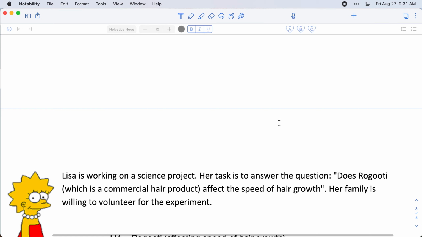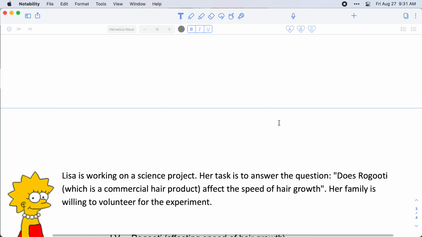So the independent variable is already told to you right here. Her task is to answer the question, does this commercial hair product affect the speed of hair growth? Makes your hair grow faster. So 2 variables are already given to you, right?